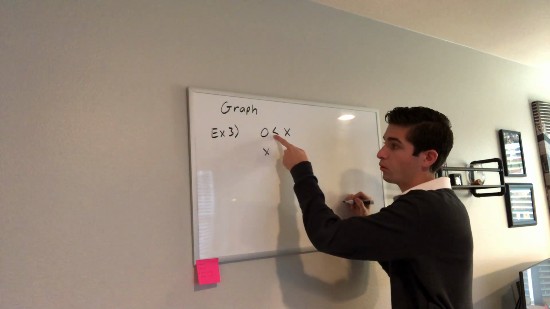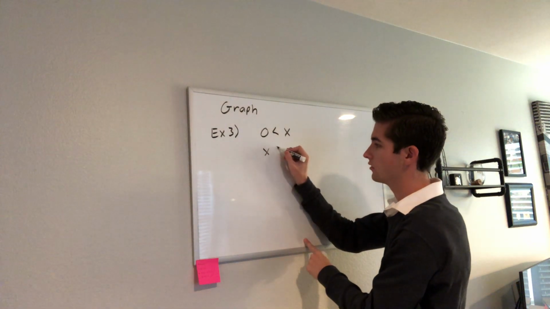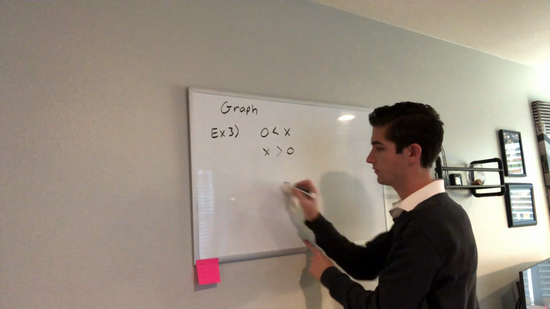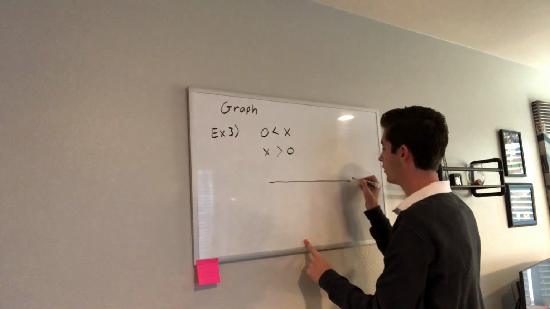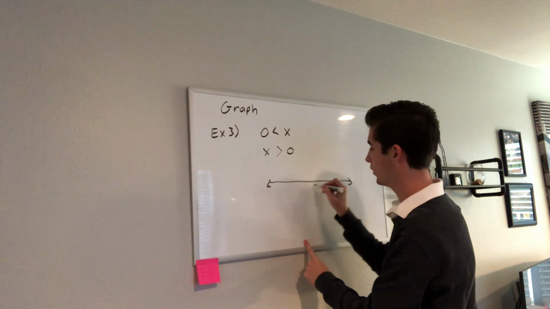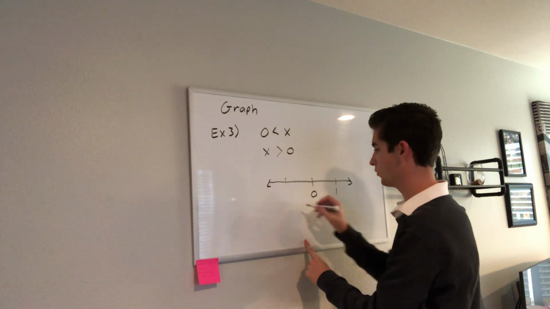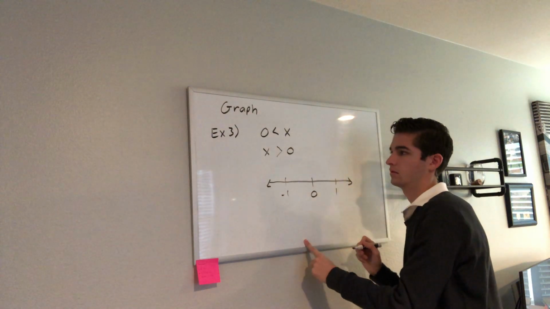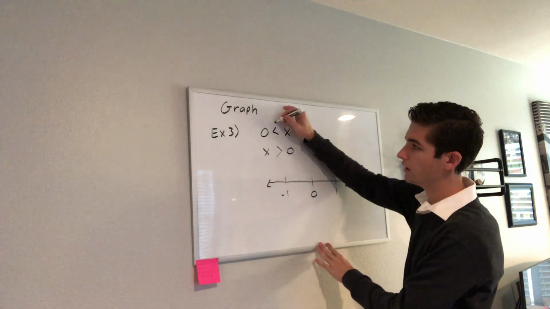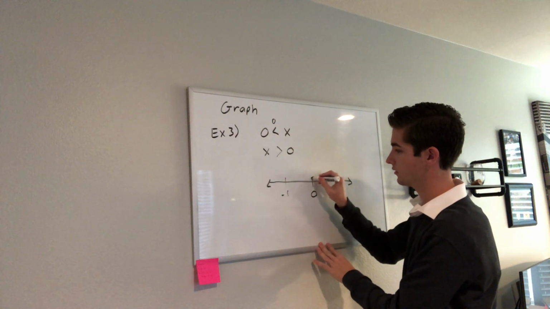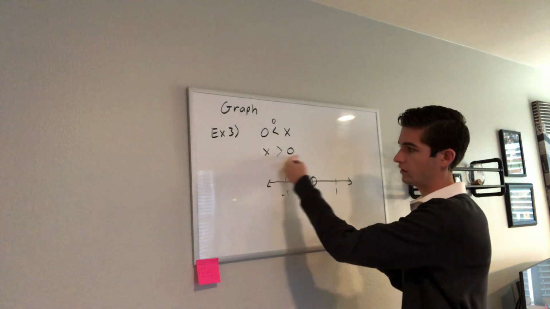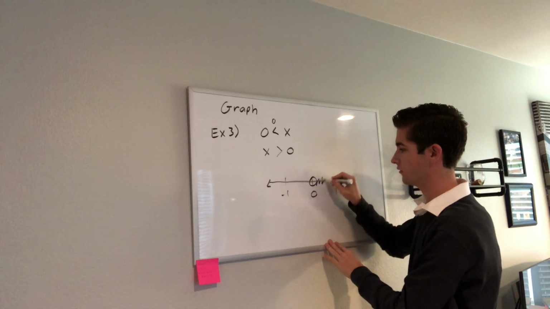The inequality is pointing at the 0, so we want to point at the 0. When we go and graph this, we put 0 in the middle of the graph. One bigger, one smaller, we'll do 1 and -1. This is going to be an open dot. And we're going to shade to the right.